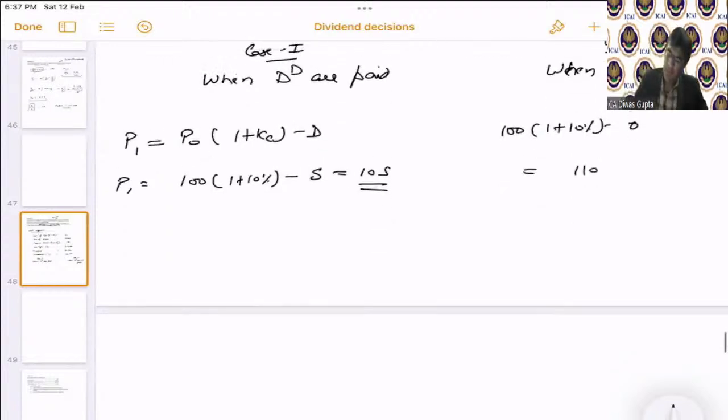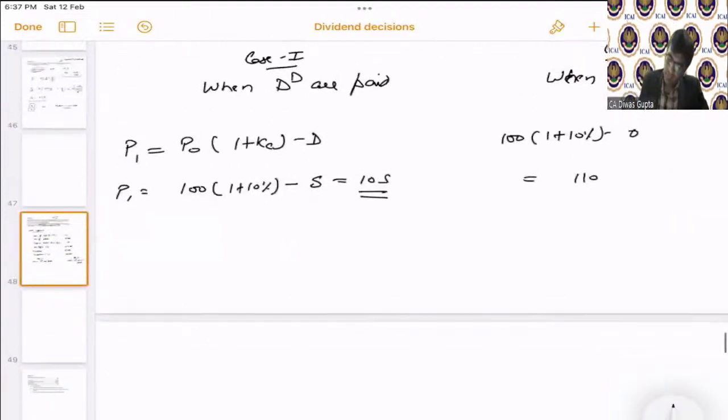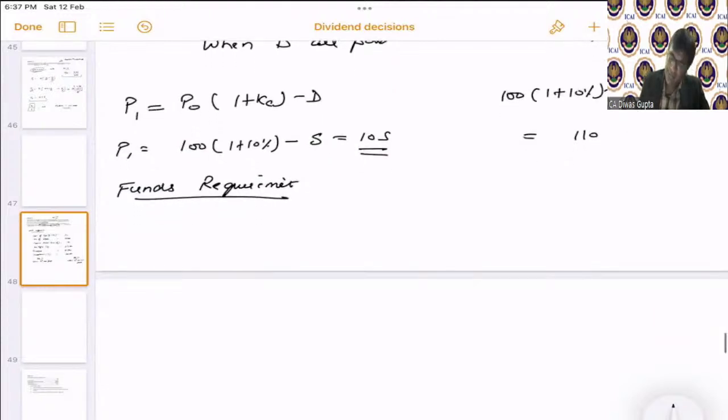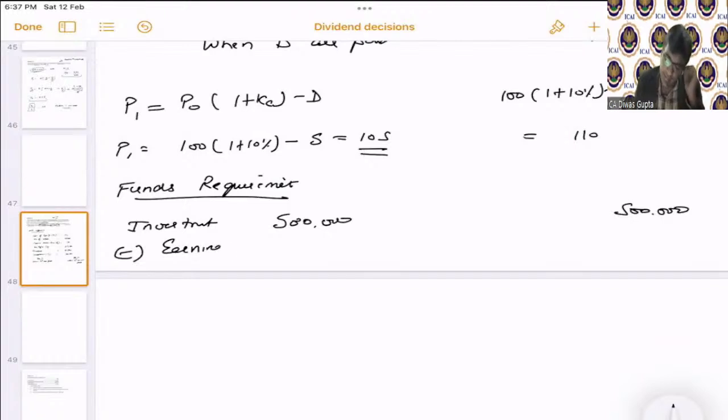Okay, students? Now, the next part, funds requirement. As far as the funds requirement is concerned, what is the total investment? 5 lakhs. This is case number A, and in the second case also it's 5 lakh. Minus the earnings available, which is 2,50,000 in both the cases.